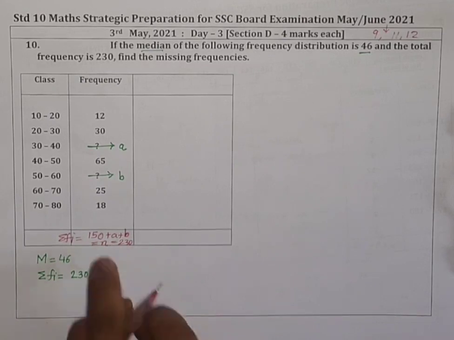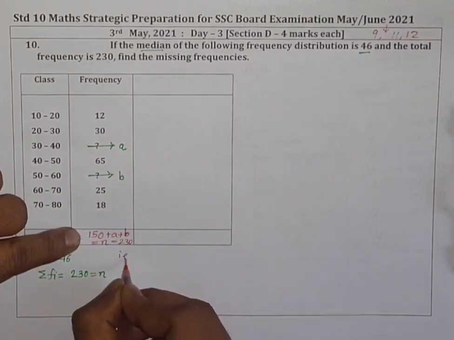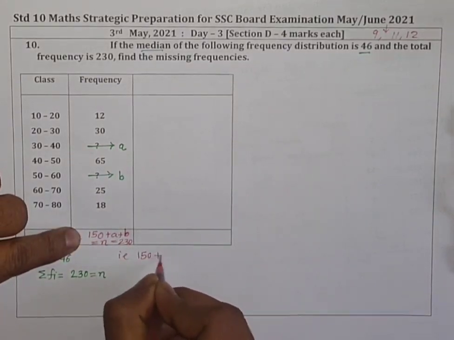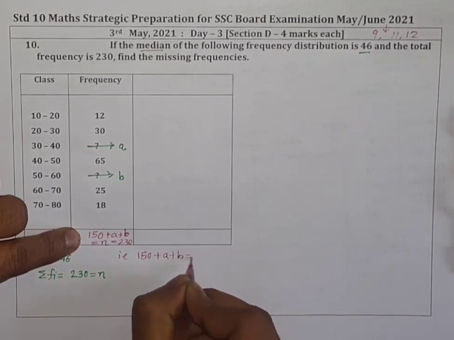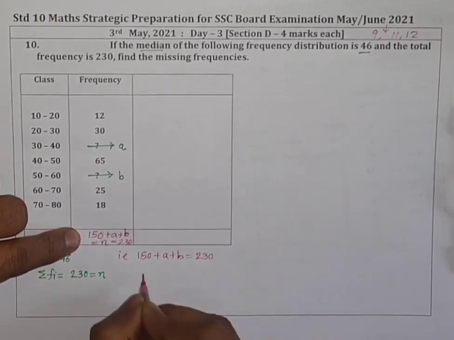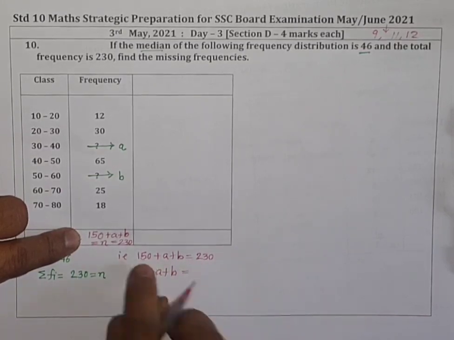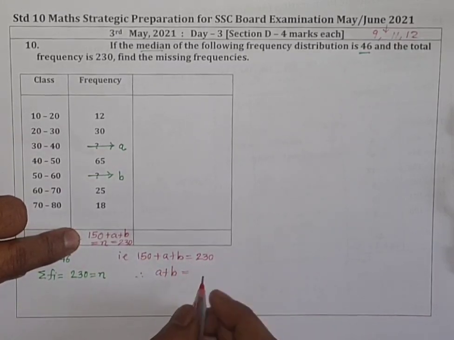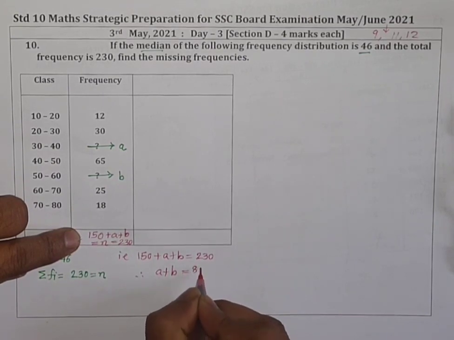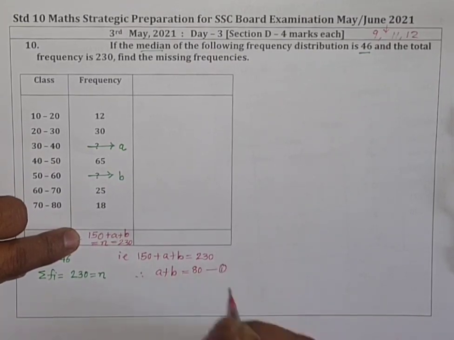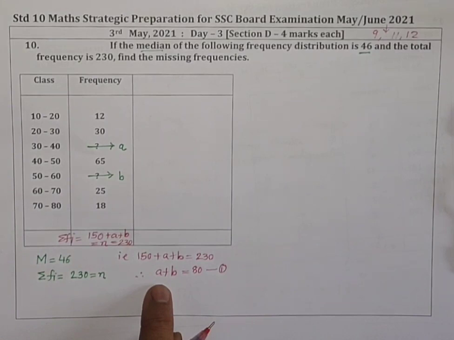I'm going to write this equation here: 50 plus A plus B is 230. That gives me A plus B is equal to 230 minus 150, which is 80. So this is the first equation we got in the form of two variables A and B.